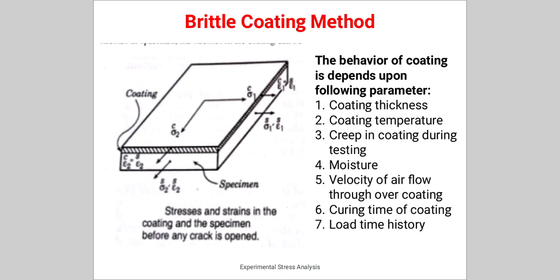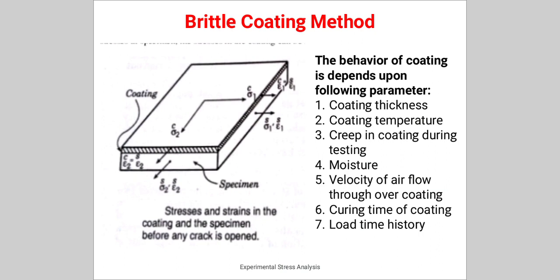Then creep in the coating during the testing of the material. So we know that creep is a deformation of a body due to temperature effects. As we know, if any body comes in contact with temperature, there may be a possibility of deformation. If the deformation is taking place due to the temperature effect, that concept is called creep.